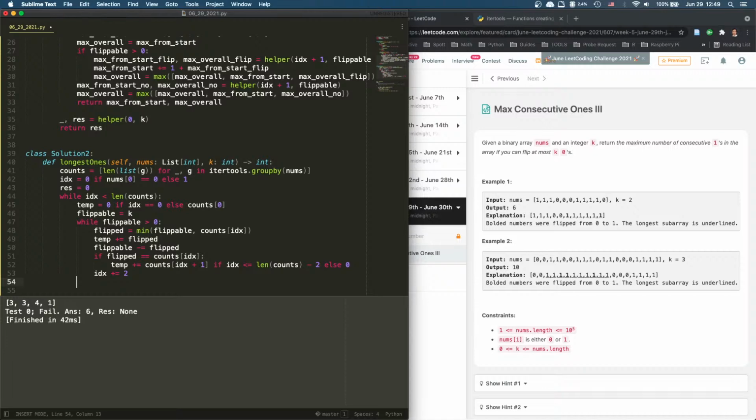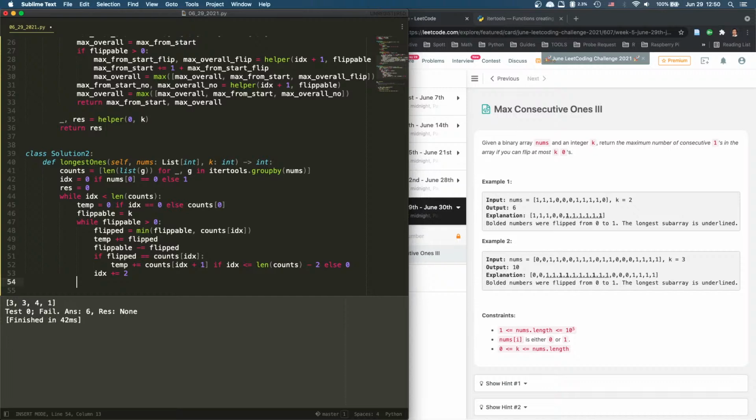Count index, and then index plus equal to 2, and I'll come back to the start. I'll have to do the whole thing again, and come back to the start and do all the things. I feel like we can do better.